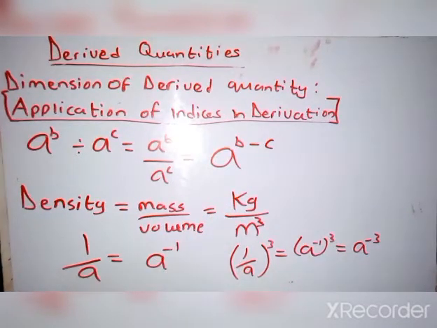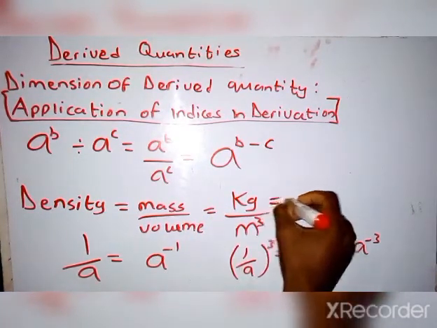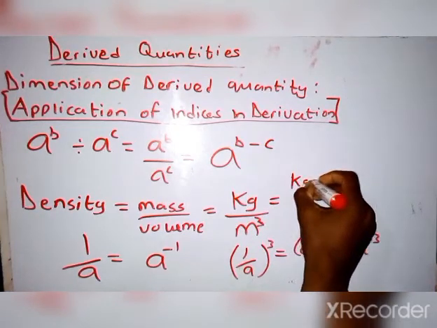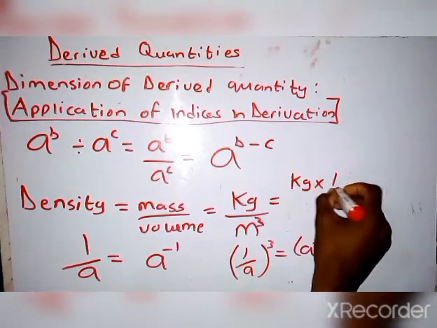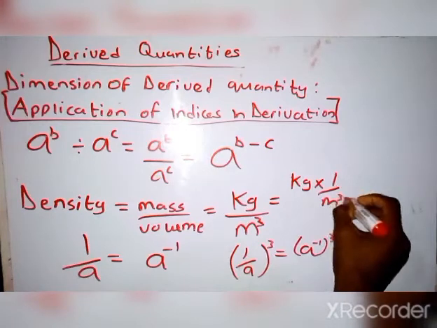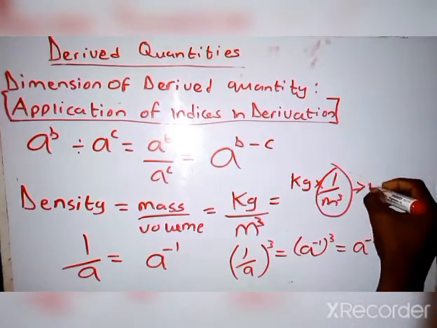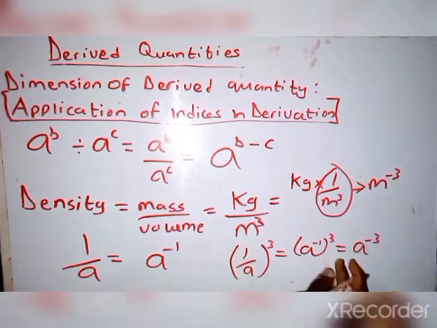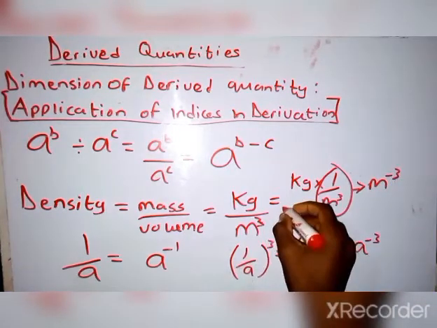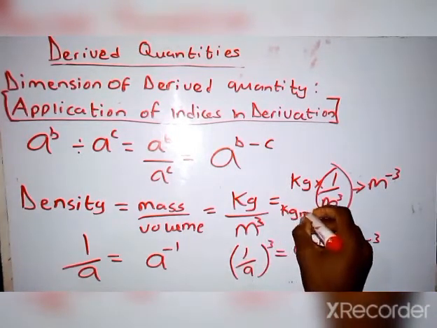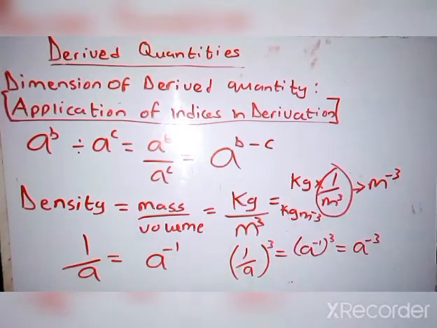So what we do is we split this, which can be written as kg multiplied by 1 over meter cube, and this 1 over meter cube can be written as meter raised to minus 3 from this law. So combining both, we have kg meter to the minus 3, right?